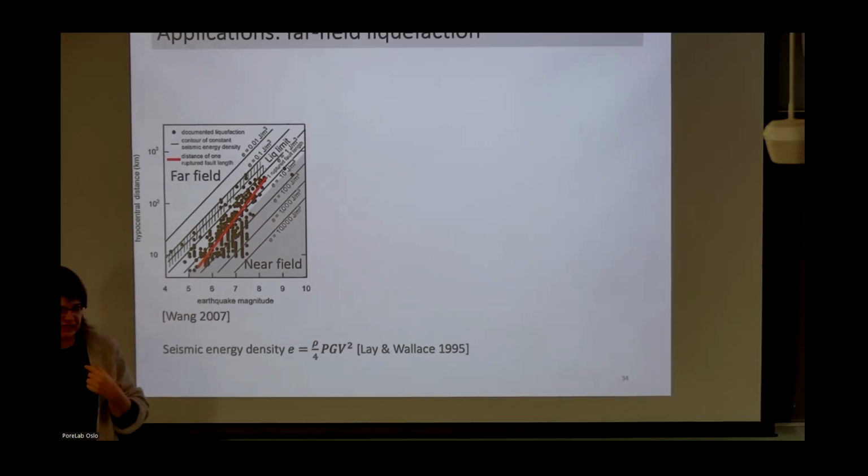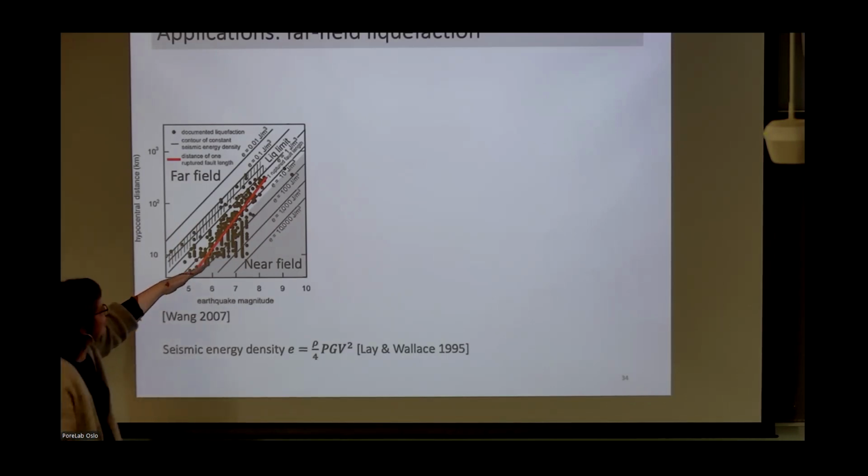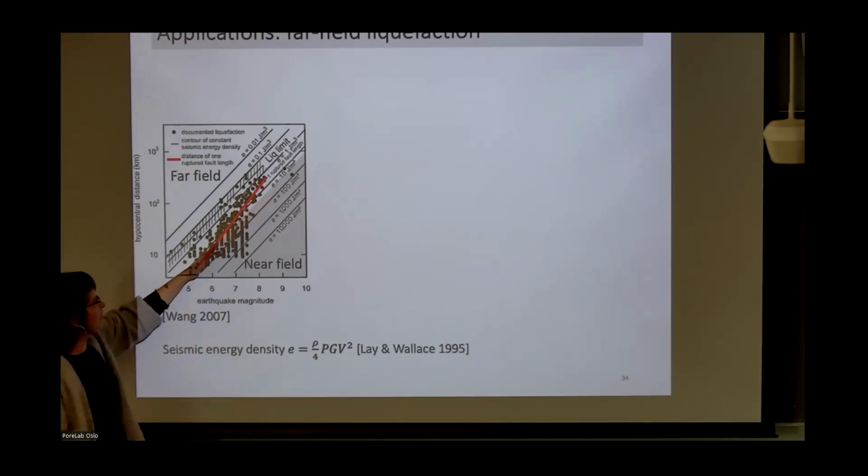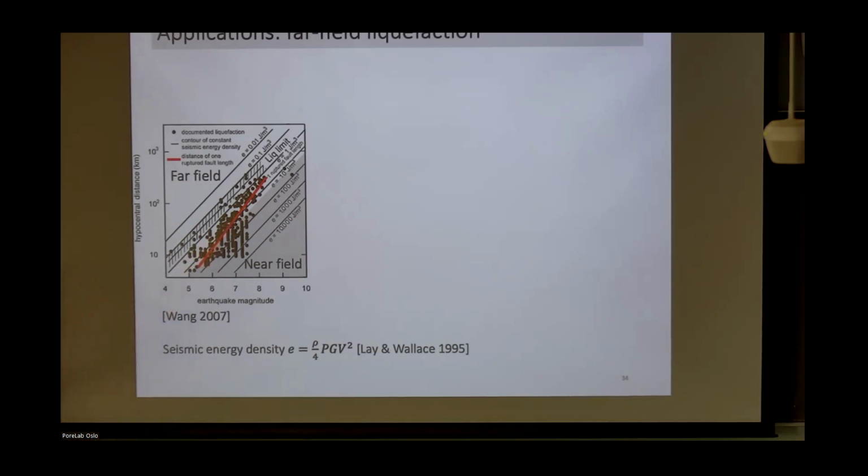Now, it's been established that undrained liquefaction can only occur if you have enough energy density. So experiments show that you need about 30 joules per meter cubed. And so he plotted this gray line, and it fits about the distance of one rupture length distance.